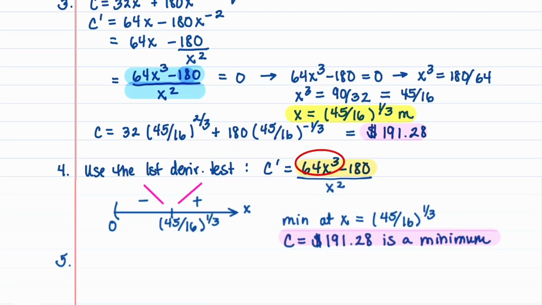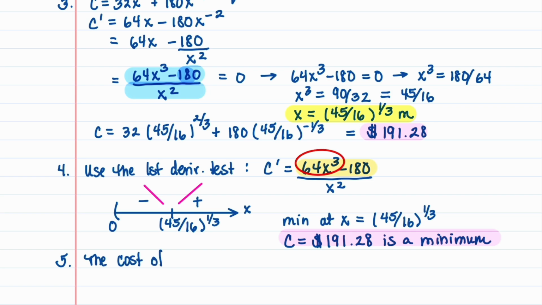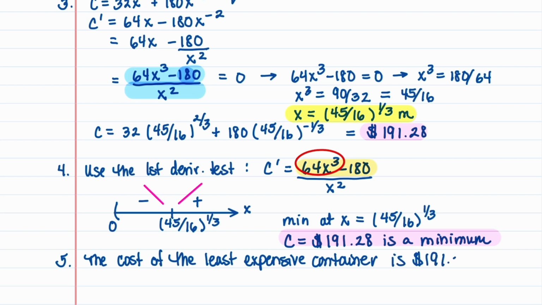So our answer needs to be that the cost of the least expensive container is $191.28. And that's our final answer.